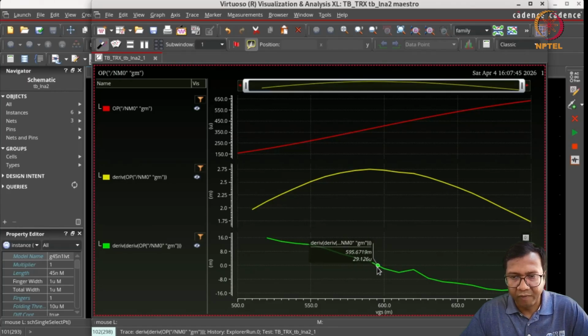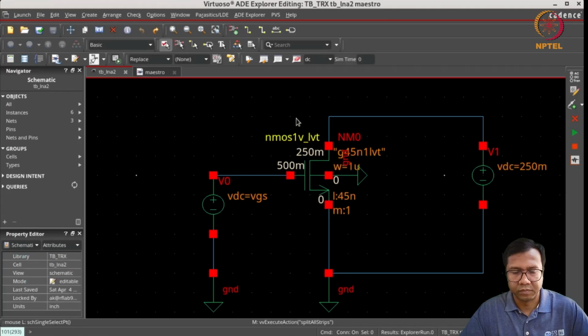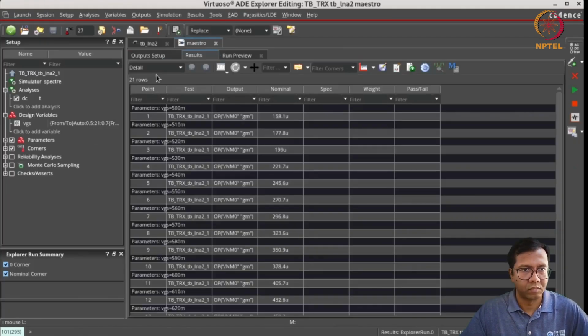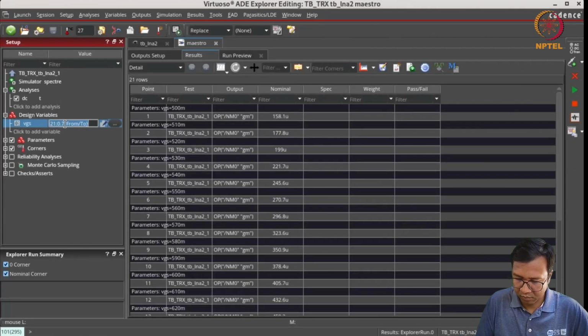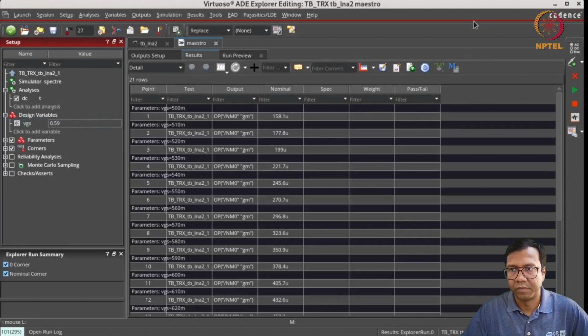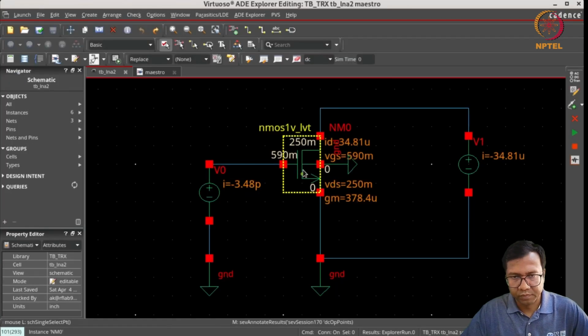So if we are operating at a VGS which is close to the GM3 equal to 0 point, then we are going to get very low contribution due to the third order nonlinearity. So we will be choosing a VGS which is around 0.59, which will give a very low value of GM3. So now we have got the optimum VGS value for this MOSFET.